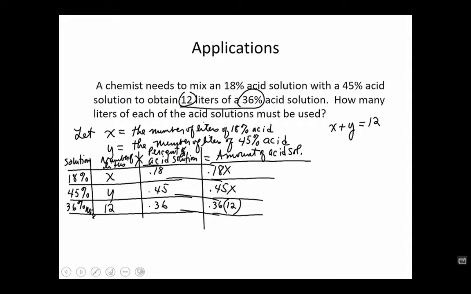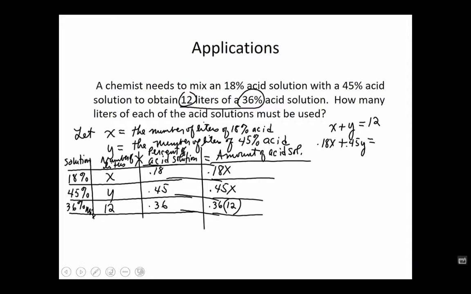What else do we know? We know that the amount of acid in each case for the 18% acid solution will be 0.18x, plus the amount of acid in the 45% solution, which is going to be 0.45y, is equal to the mixture.